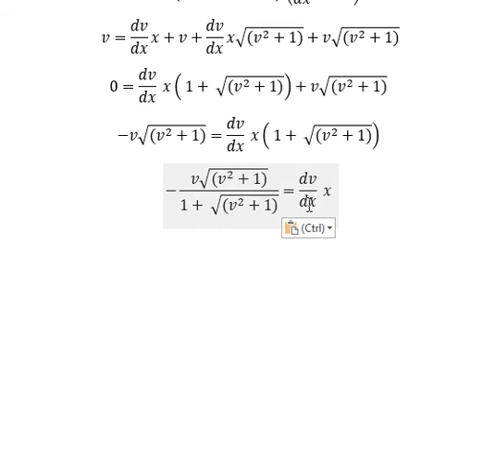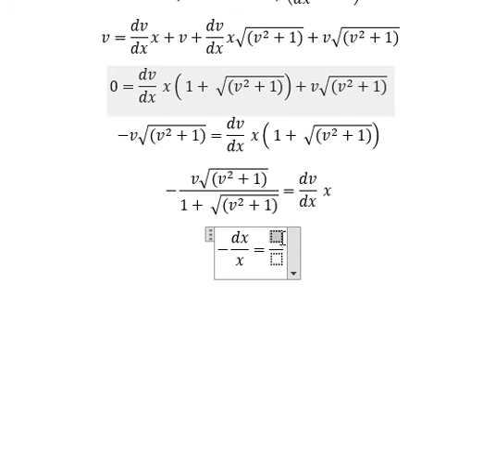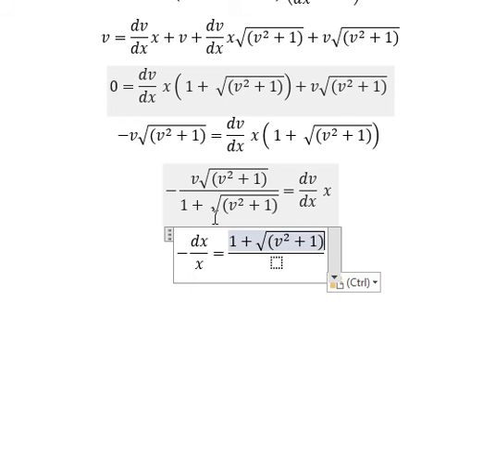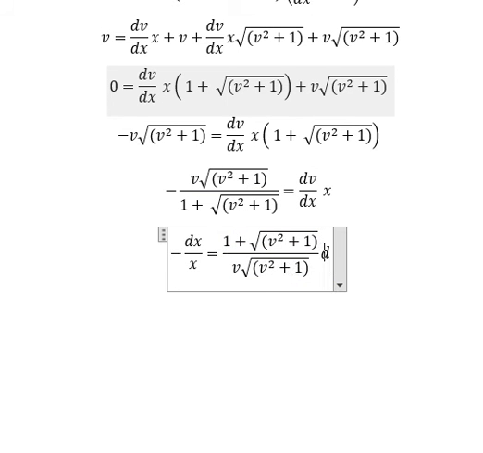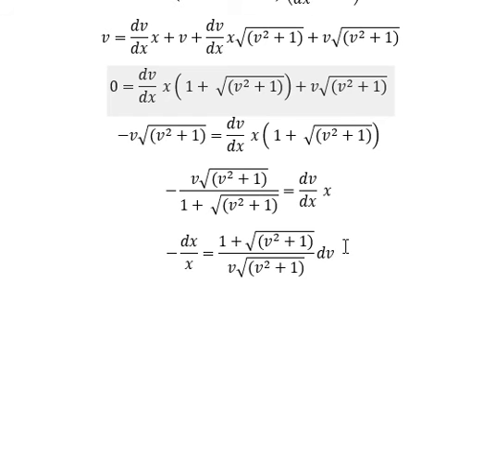Now, we move the s and s go to the left, and this one go to the right. Next, we put the integration for both sides.